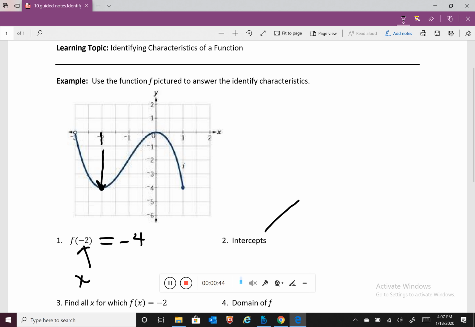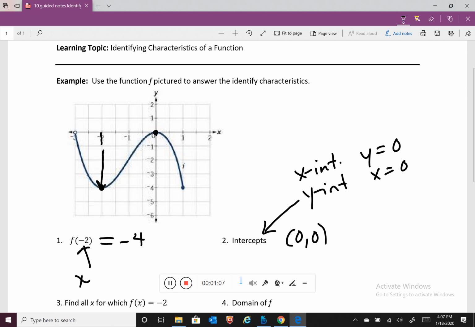Now intercepts, remember we have x-intercepts, and that is when y equals 0. And then our y-intercept is when x equals 0. So x is equal to 0 when y is equal to 0 in this case, and that is right here at the origin, 0, 0.